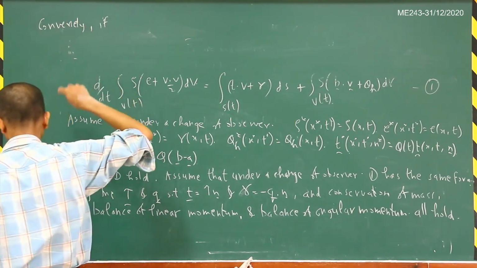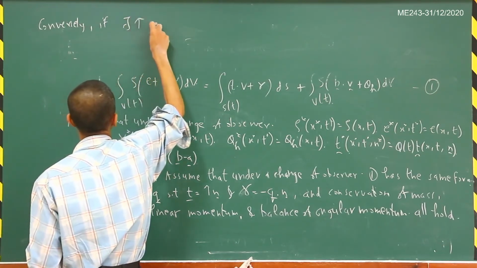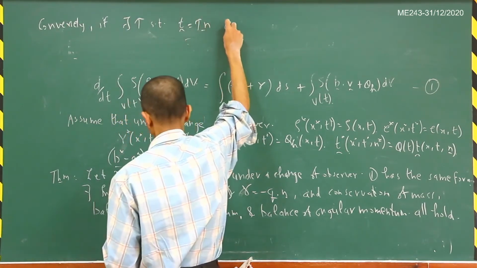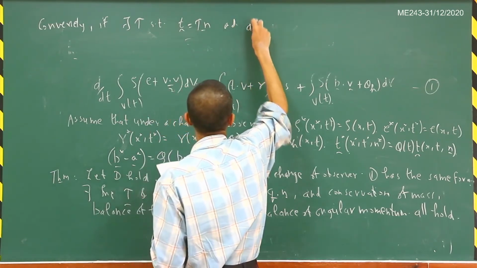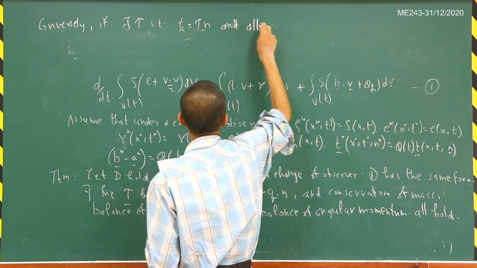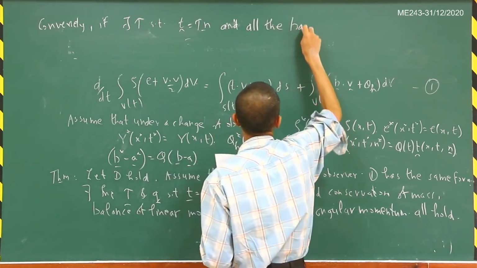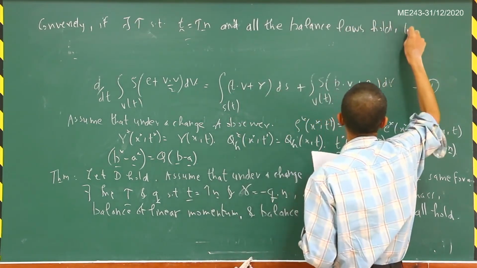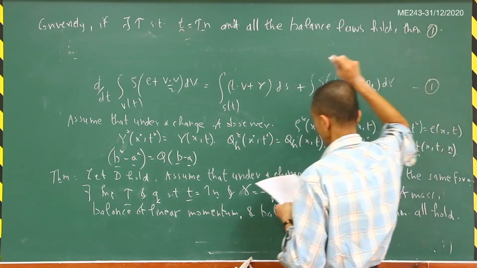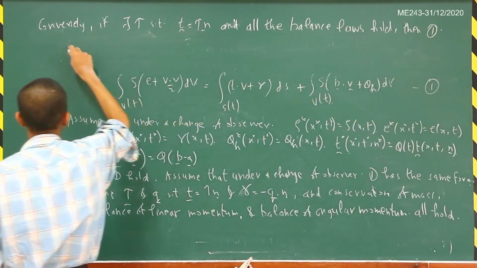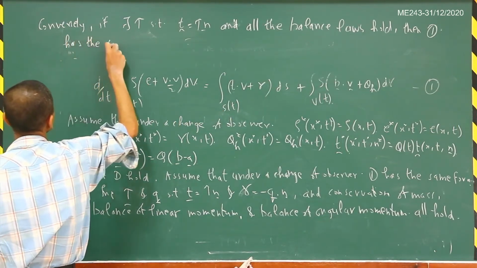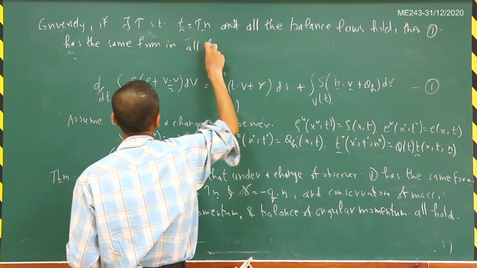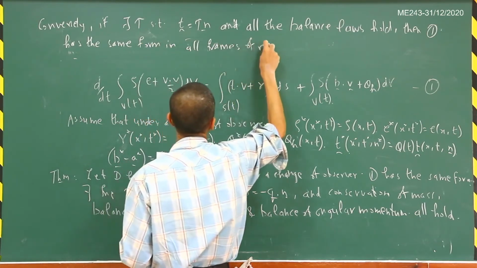Conversely, if there exists tau such that t is equal to tau n, and all the balance laws hold, then one has the same form in all frames of reference.